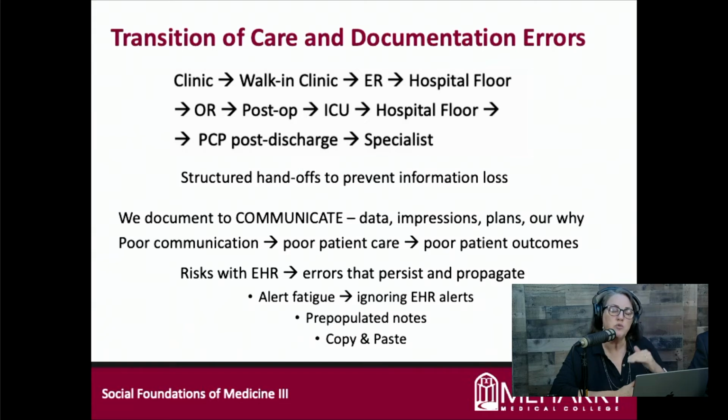Any time you change from one set of caregivers to another, there is a big risk for loss of information or misunderstanding of information. One of the big things we find is that patients will not have a medication list that is consistent through all of their transitions of care.